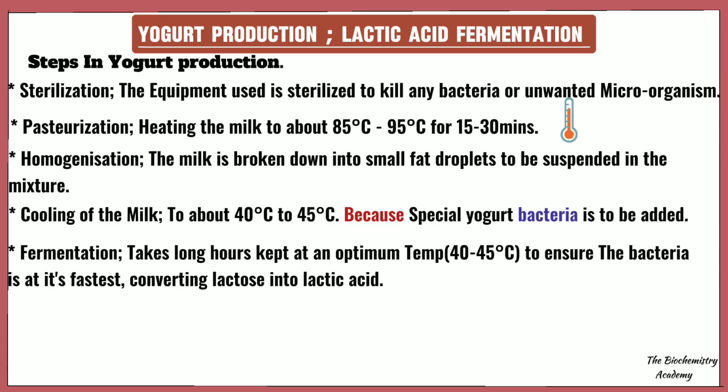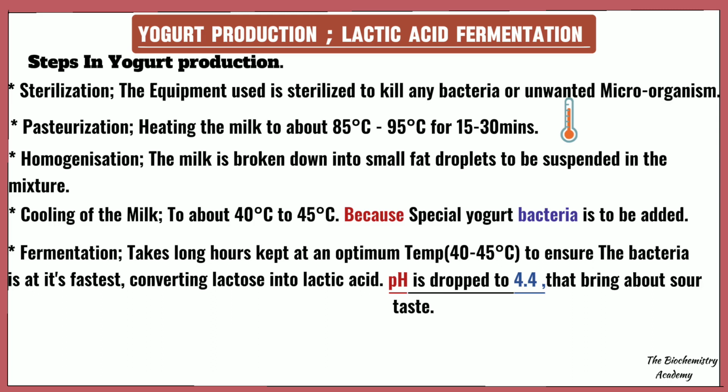Now, lactose is being converted to lactic acid. Now, while this is being formed, the pH of the mixture is then dropped to around 4.4, and that is the reason why yogurts have this sour taste.